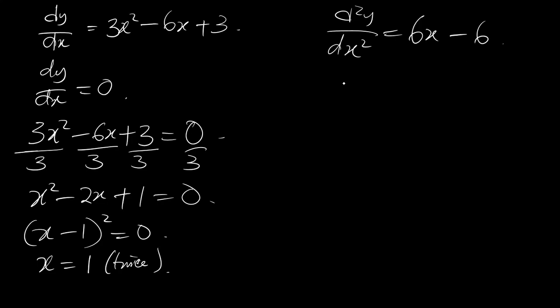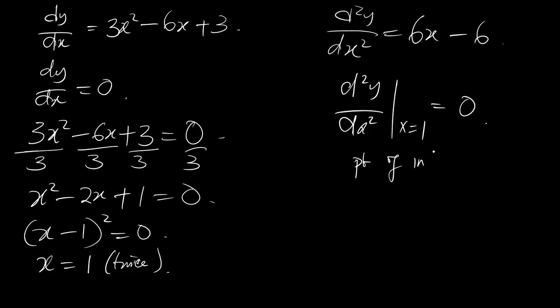So d squared y all over dx squared at x equal to 1 will be what? 0. So that means this stationary point is a point of inflection.